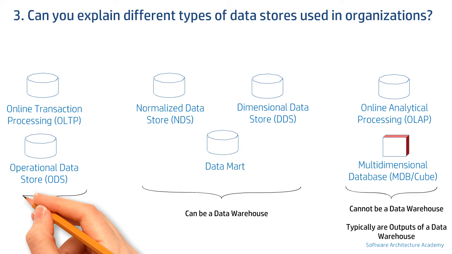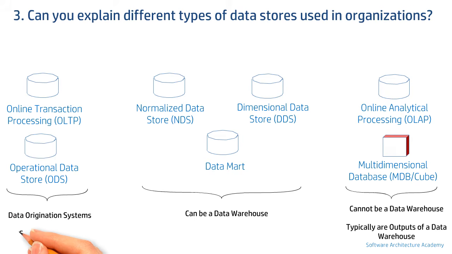These types of systems are usually systems of record. Now, a few organizations can consider ODS as can be a data warehouse. Most organizations don't. For learning purposes, we will also not be considering ODS as can be a data warehouse simply because an ODS doesn't store history, and by our definition of a warehouse, a data warehouse must store history.